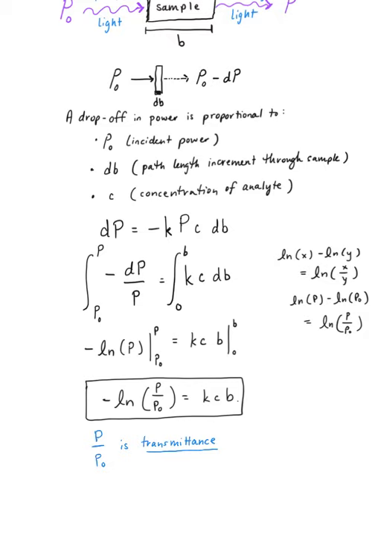And if we multiplied this by 100, P divided by P0 times 100 is the percent transmittance. If you've done FTIR experiments, you've likely seen graphs or data presented in percent transmittance.